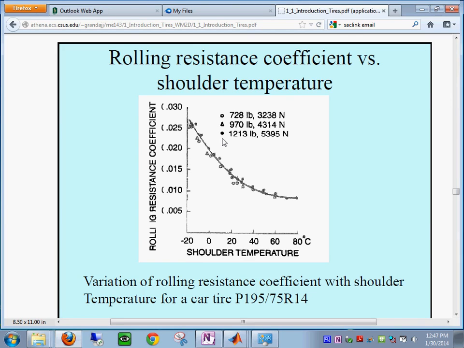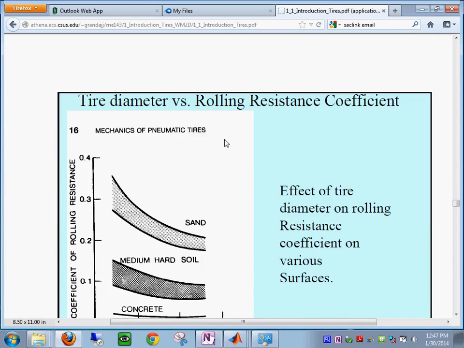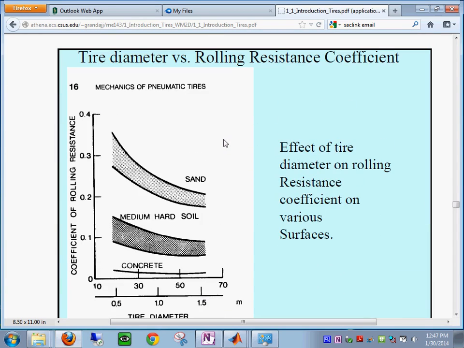It is significant, because from 0.03 to 0.01 it makes a big difference, the temperature. That's why you hear on the races that a new fresh tire will produce more friction.